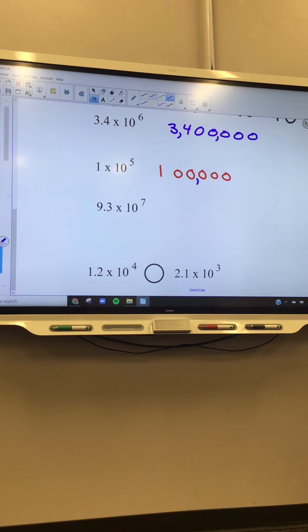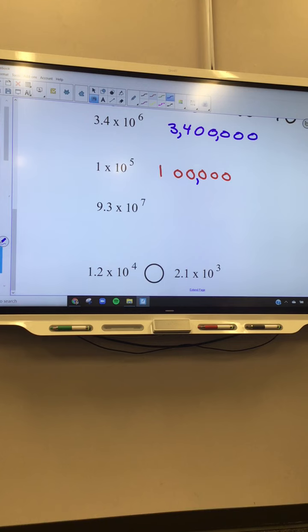Stand up when you're done. It's trickier because your units aren't matched up.